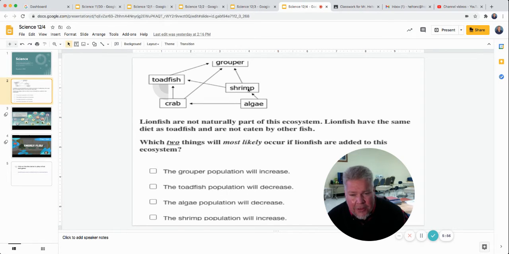The only thing that I could think of would be if the grouper is able to eat more, but he's not eating more lionfish because he doesn't eat lionfish. So I don't think any of these are right except for B, or the second one. The toadfish population will decrease. That's the only one that I could see would happen in this chart.